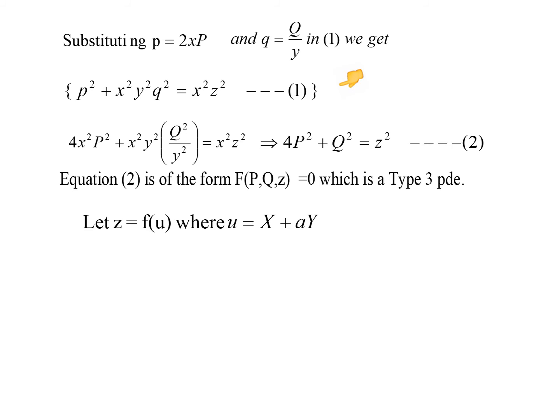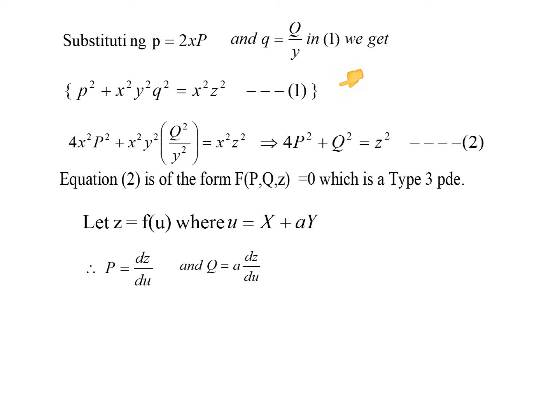So this is what we are going to do. Let z equal to f of u, where u equals capital X plus a capital Y. Remember, because capital P and capital Q are ∂z/∂X and ∂z/∂Y respectively. Now we need to substitute for capital P and capital Q: capital P is dz/du, capital Q is a dz/du. This is what we usually do in type 3 PDE if you remember.